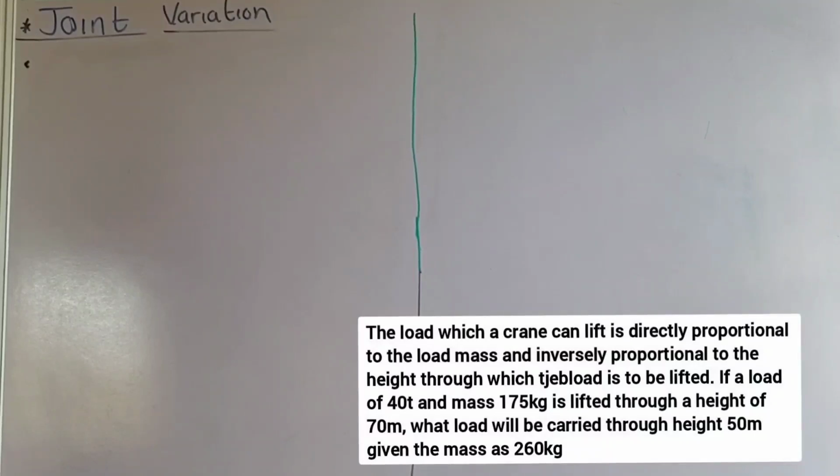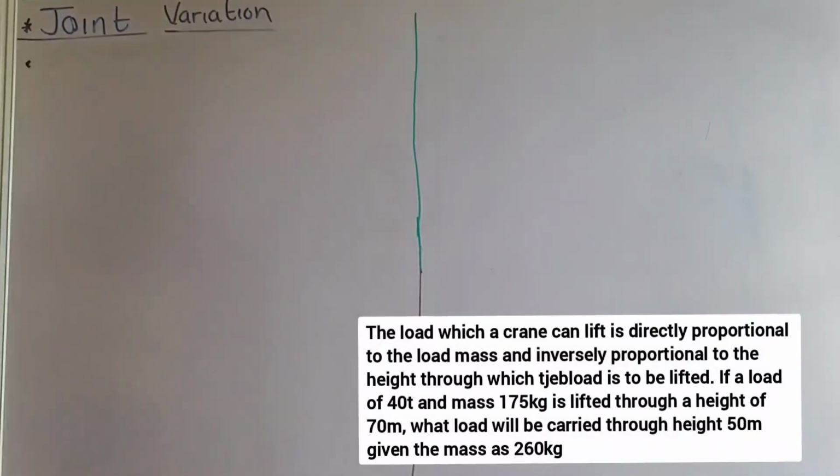Let's consider this question on joint variation. The load with a crane. Please pay attention. The load which a crane can lift is directly proportional to the load mass and inversely proportional to the height through which the load is to be lifted.